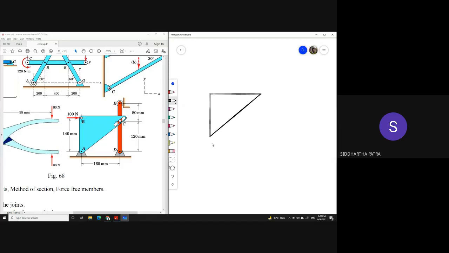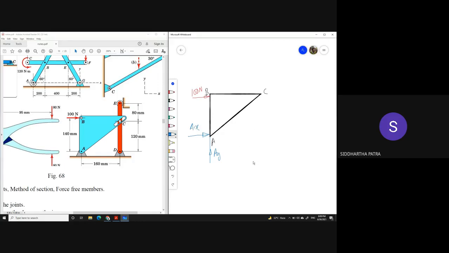Okay, so this is ABC. So this is the known force of 100 Newton that it is receiving. And since A is a pin joint, it would be receiving 2 unknown ground reactions, AY and AX. And that's why A is my convenient point for getting the equivalent force system.